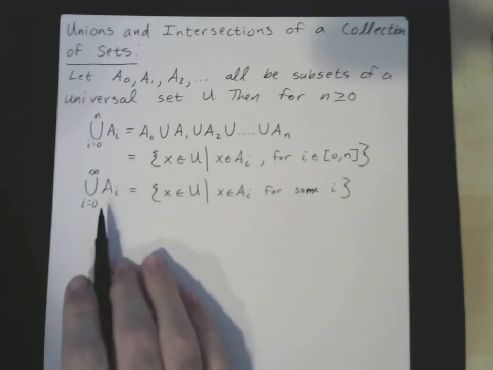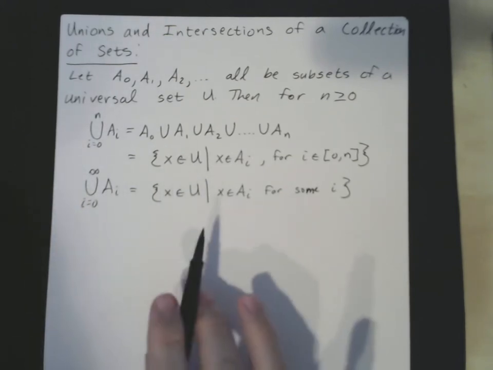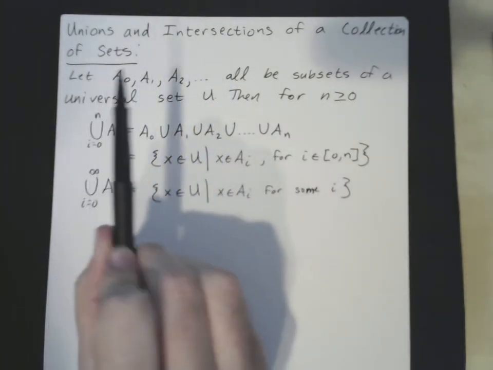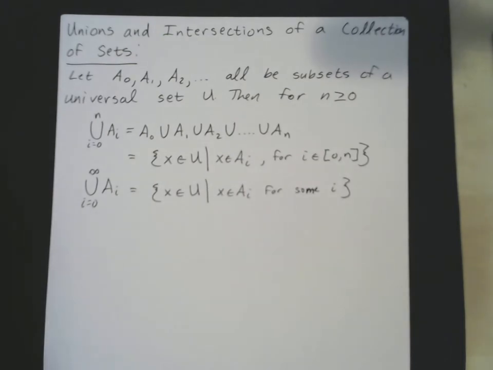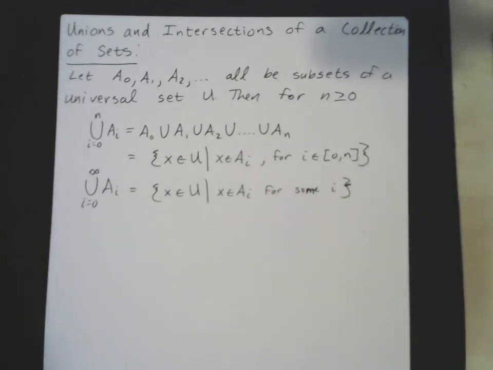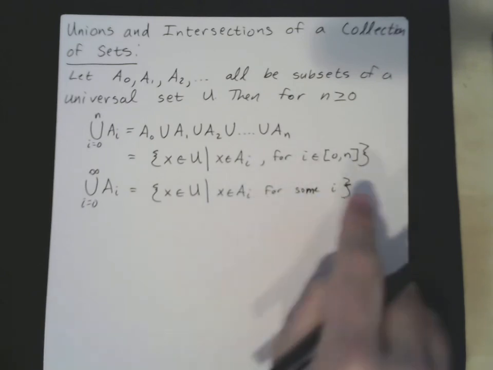So a lot of people right here want to say, well, isn't this just equal to U? Potentially, but we haven't said that all of our subsets span the entire amount of elements found in our universal U. So sometimes this will be your U, sometimes it won't, which is why its definition doesn't get the equals U here.